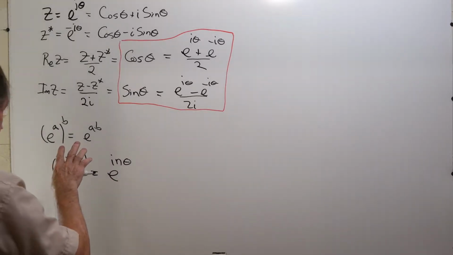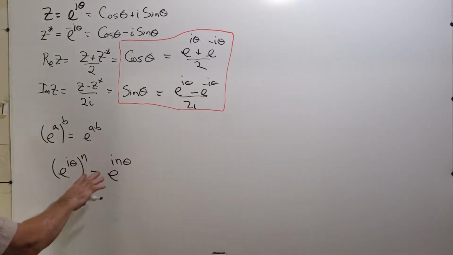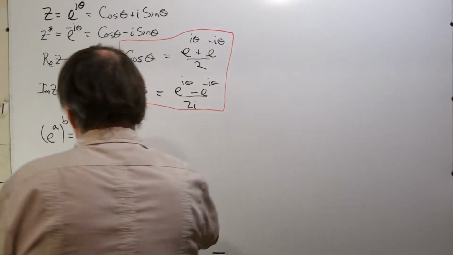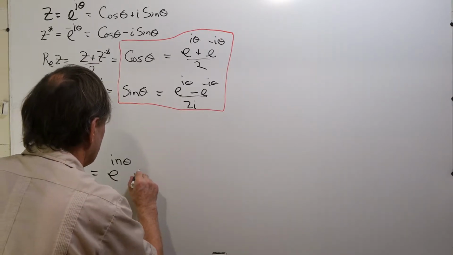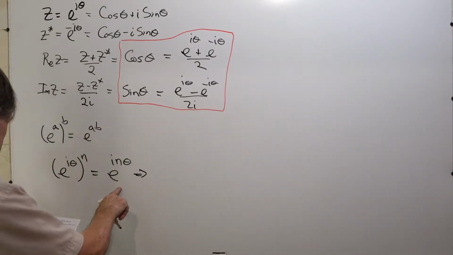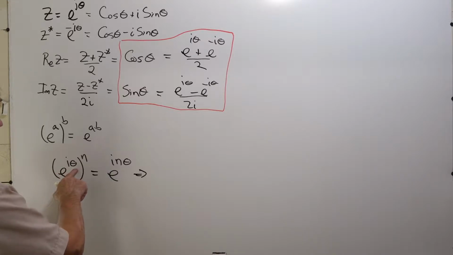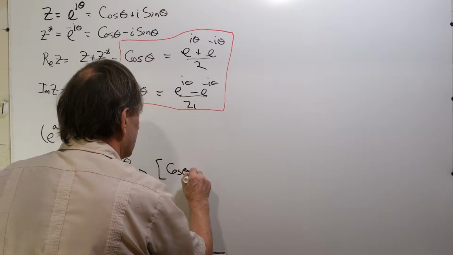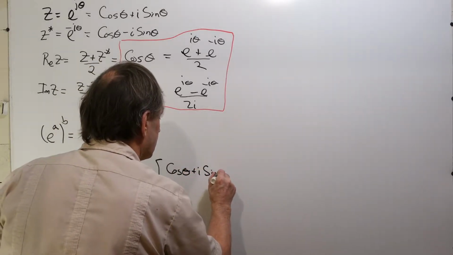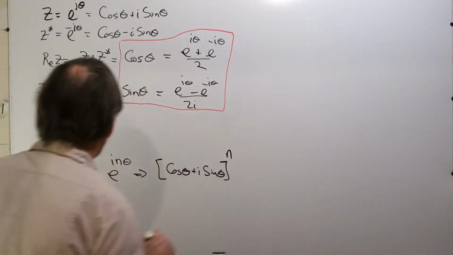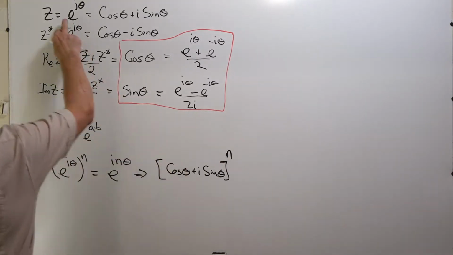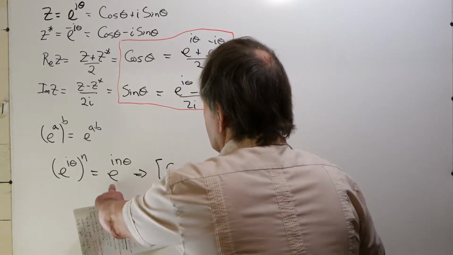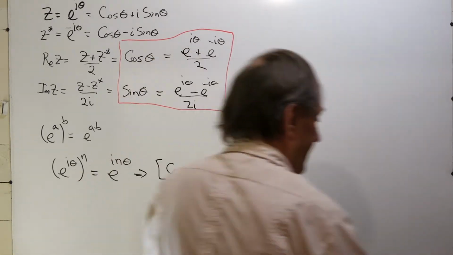This is actually quite amazing what's happening here, because e to the i theta raised to the n power is cosine of theta plus i sine of theta raised to the n power. e to the i theta is this right here. And then this is also equal to e to the i n theta.